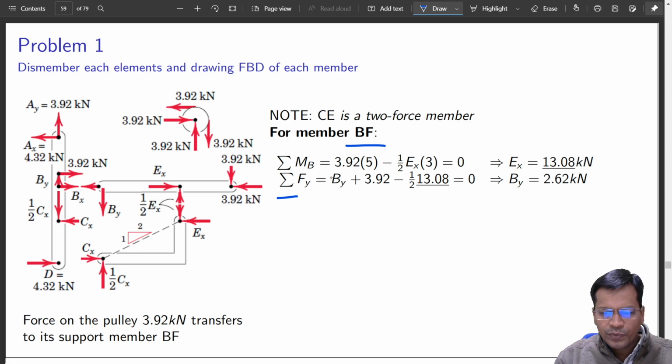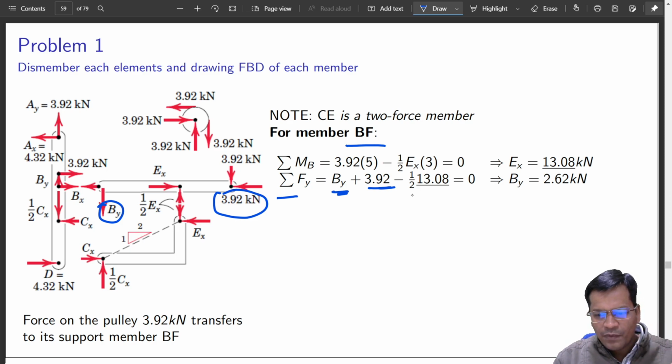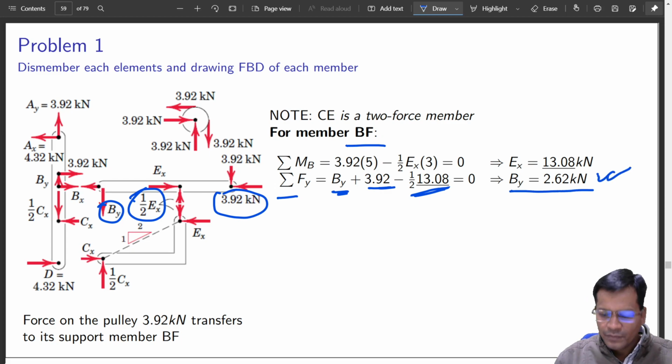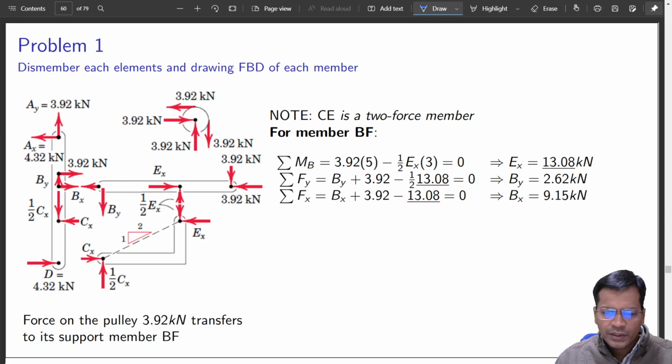There were forces By, the force 3.92 that comes from here, and half of 13.08, same reason. No other forces are acting. This quickly gives me By. Got it? Hope this is quite easy.